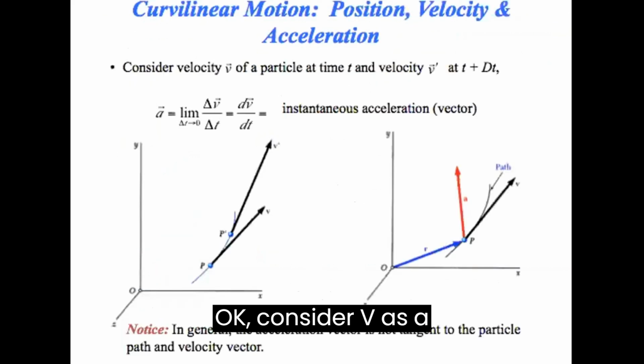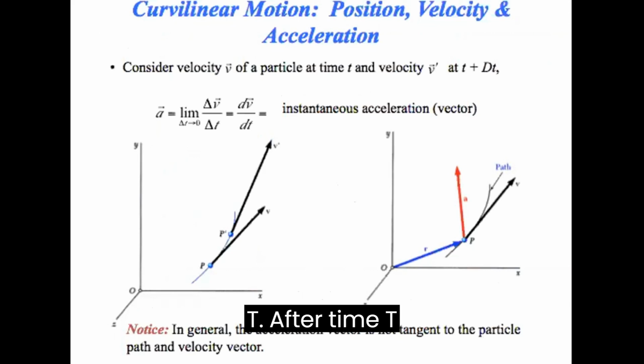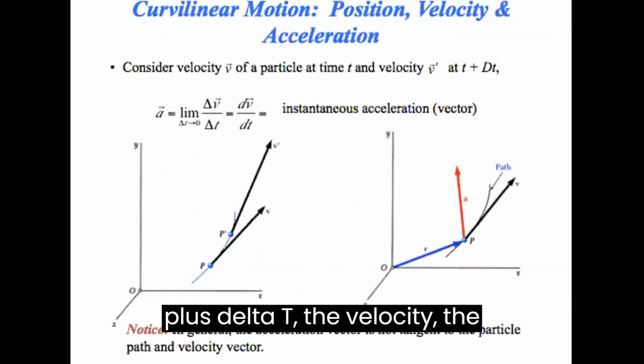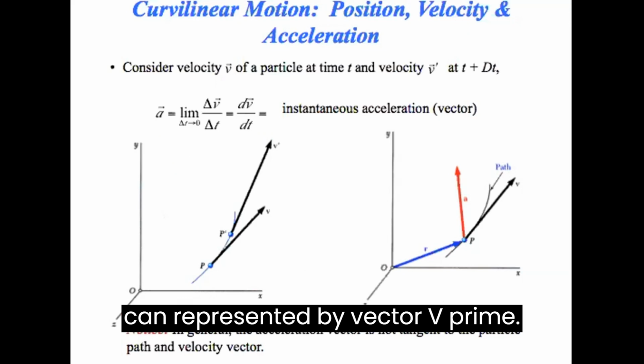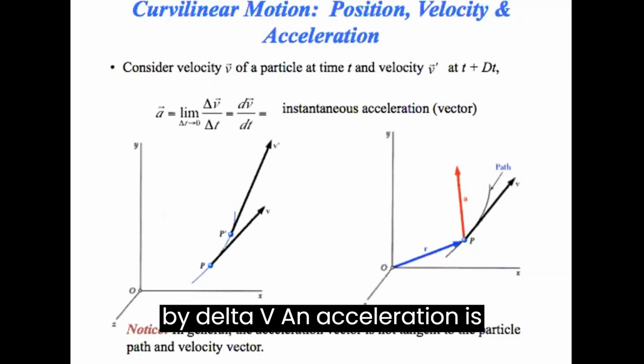Okay. Consider v as the velocity of a particle at time t. After time t plus delta t, the new velocity is v prime, which can be represented by vector v prime. This change can be shown by delta v.